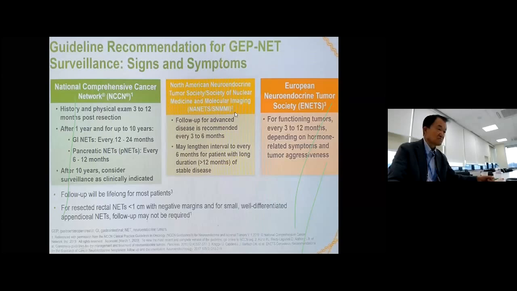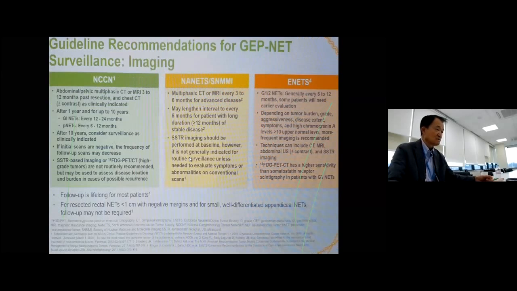There are certain specific centers in the United States at least that specialize in treatment. And they recommend a certain CT, MRI to follow up.